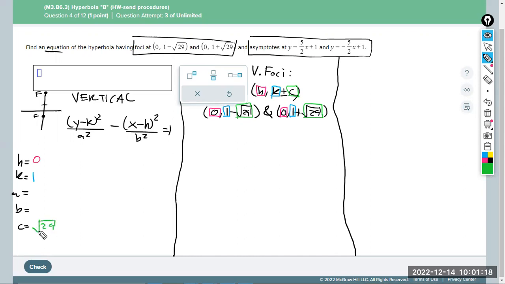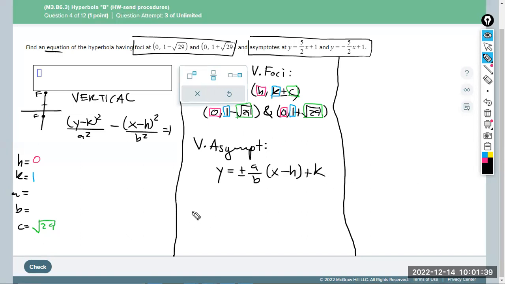You're going to love the part of the asymptotes because it is practically the same. Vertical asymptotes are given by this formula: y equals plus and minus a divided by b times (x minus h) plus k.